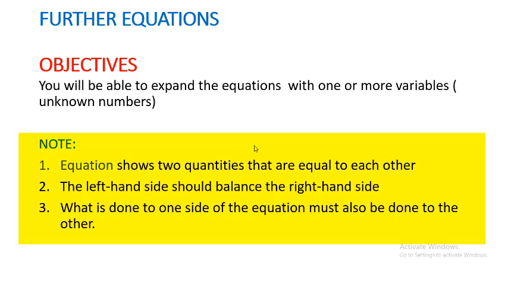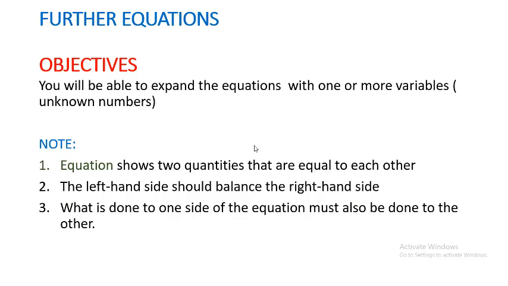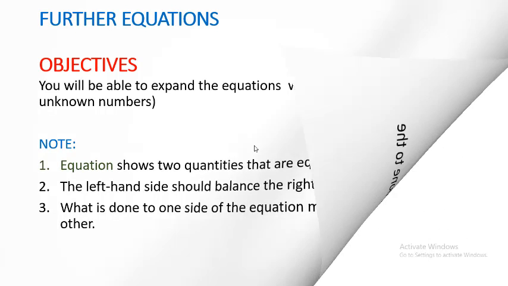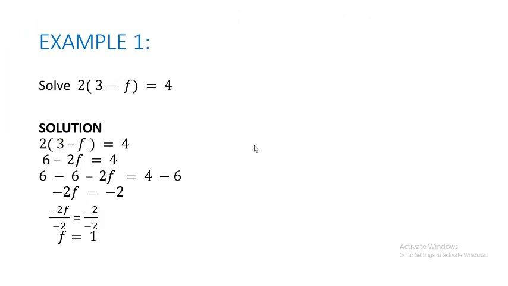An equation shows two quantities that are equal to each other, and the left hand side should balance the right hand side, and what is done to one side of the equation must also be done to the other. So those are things that we should keep in mind as we are going to deal with these equations.